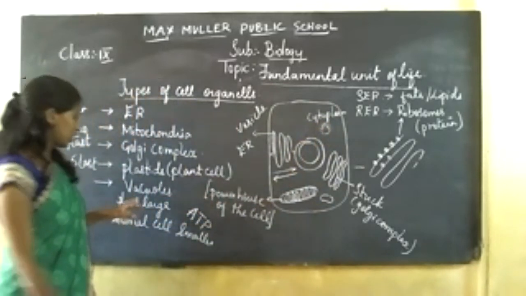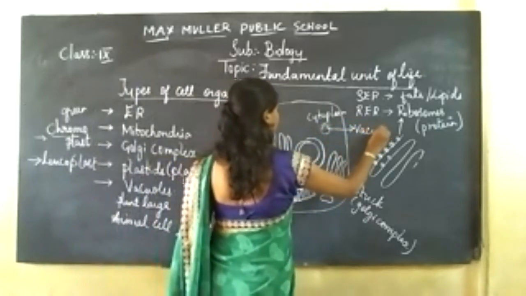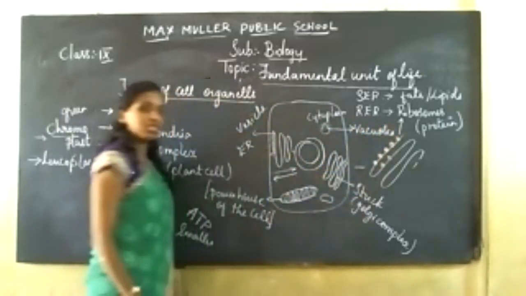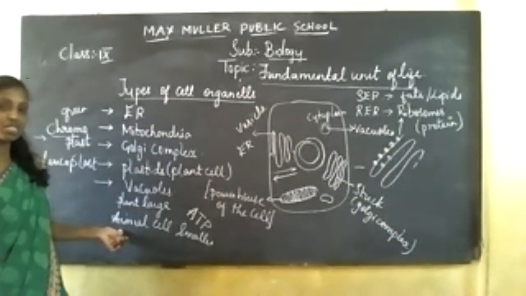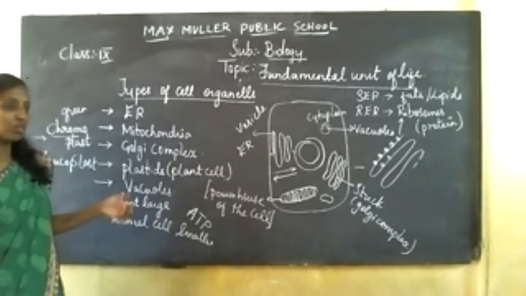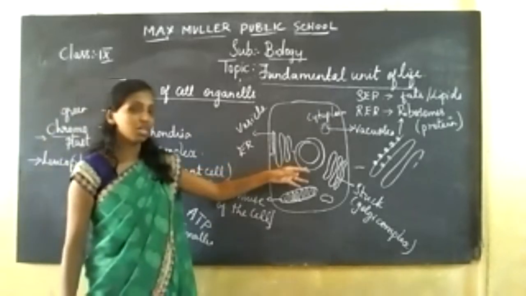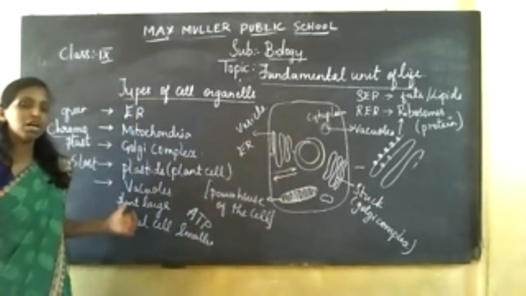That is your vacuole. It is present in animal cells as well as plant cells. But in animal cells it is smaller in size, while in plant cells it is larger. Instead of the nucleus, you will see large vacuoles in your plant cells.